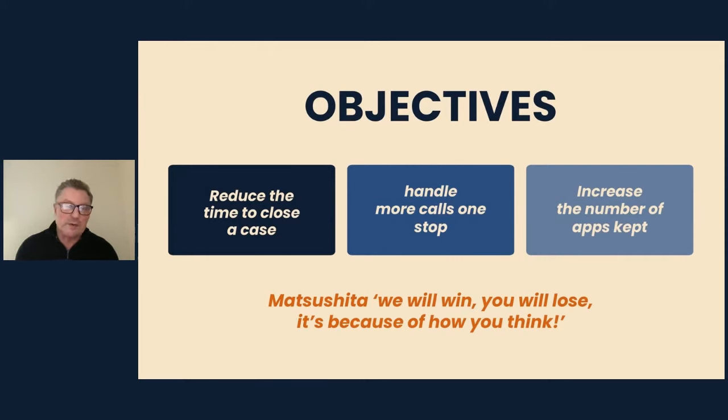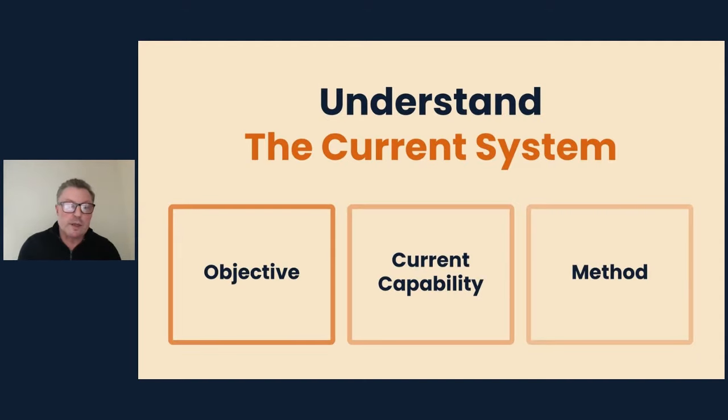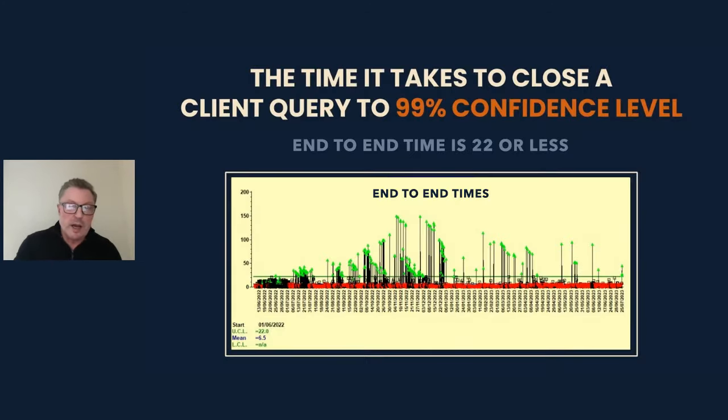Are those objectives being set arbitrarily by sitting in a room, coming up with some ideas, or actually are those objectives being set by knowledge and data based on how you work today and how the operation works today, or opportunities in the marketplace? So understanding the current system, being clear on the objective, the current capability, and the method.